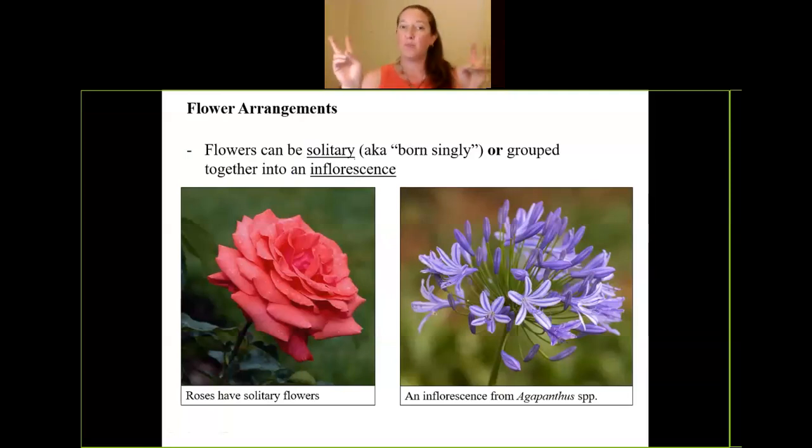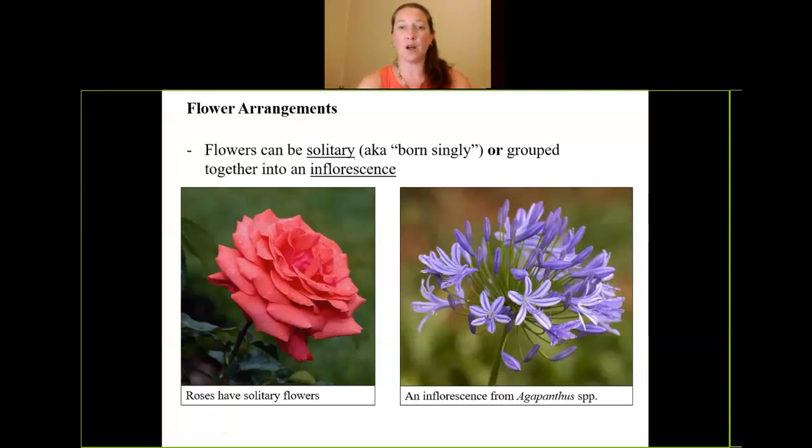We saw the term born singly when we were talking about needles of certain conifers, and when we were talking about lycopod leaves. But sometimes flowers can be grouped together in what we call an inflorescence. On the right here, you see an example of this, something in the lily family.